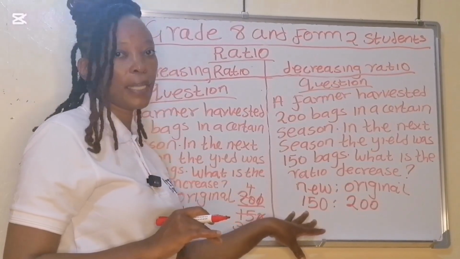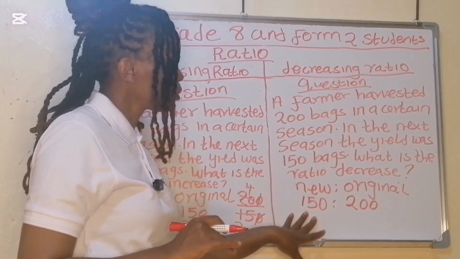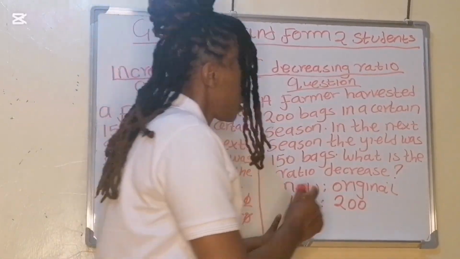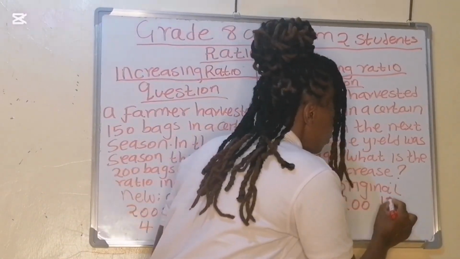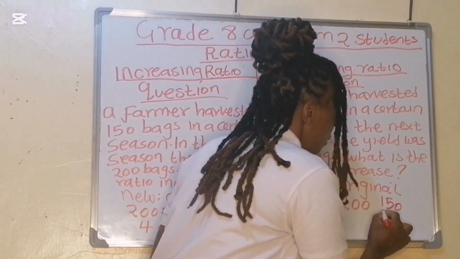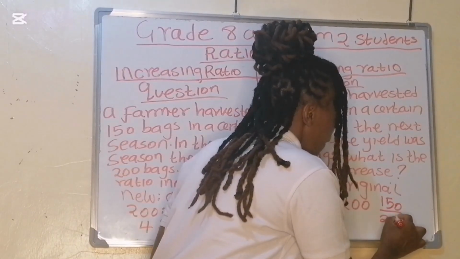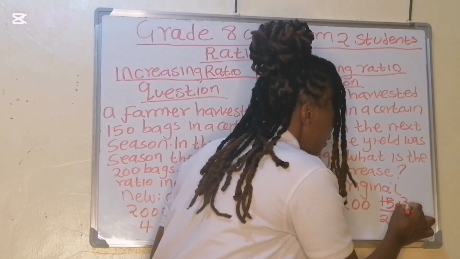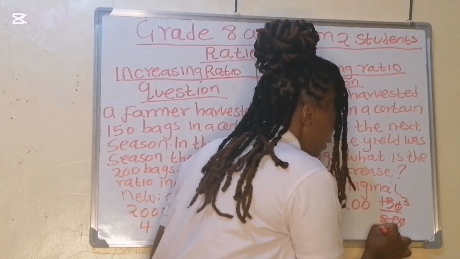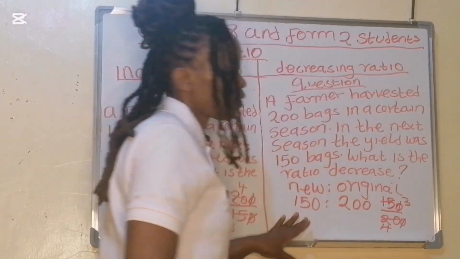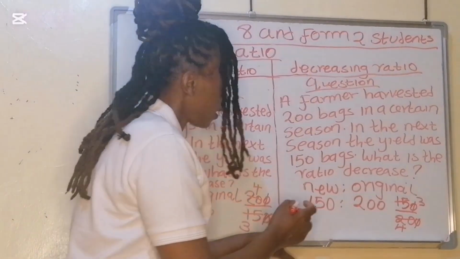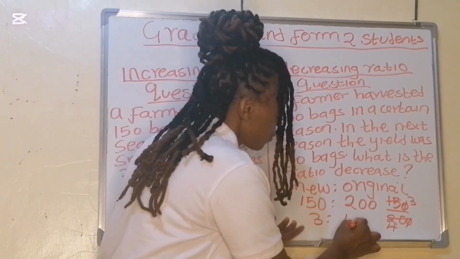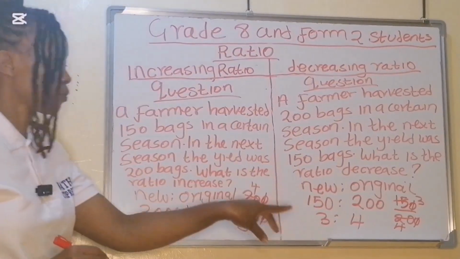You can convert it into a fraction, then simplify, or just simplify the way it is. So let's convert into a fraction, then simplify. 150 over 200, by 5 is 3, by 5 is 4. So 3 over 4, if you convert it into a ratio, it is 3:4. So our ratio is 3:4.